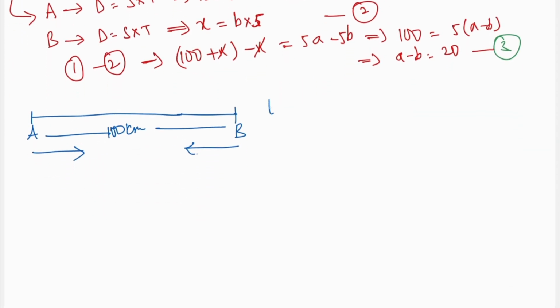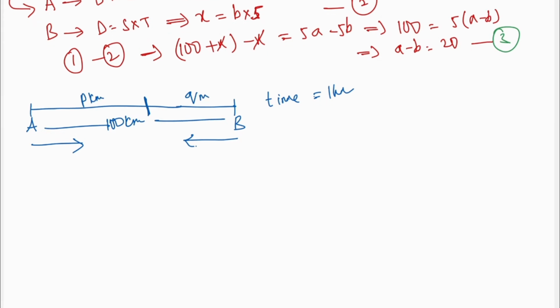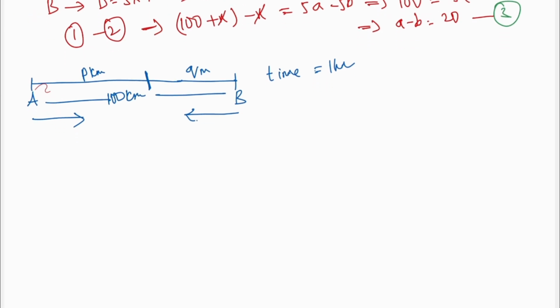So the time taken by both is 1 hour to meet. Let us assume they meet at this point, and A has traveled P kilometers and B has traveled Q kilometers.